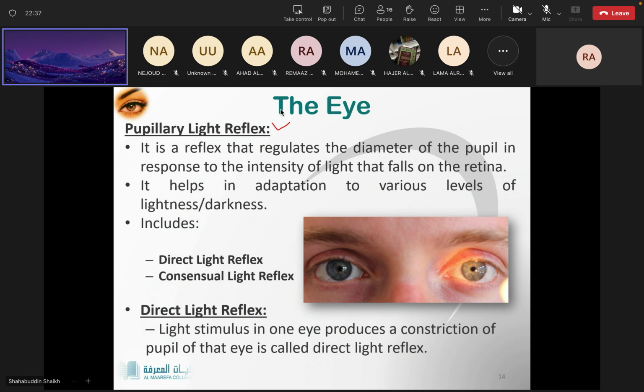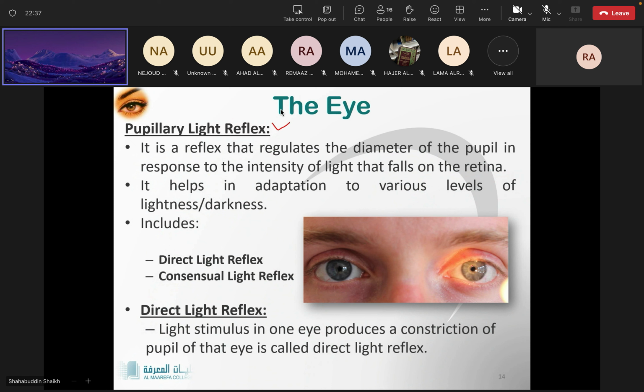Can you please repeat the point you mentioned about astigmatism? Yes, astigmatism. Astigmatism is a disease of the cornea, not of the lens. The cornea is not perfectly smooth in shape. The curve is not perfectly smooth.